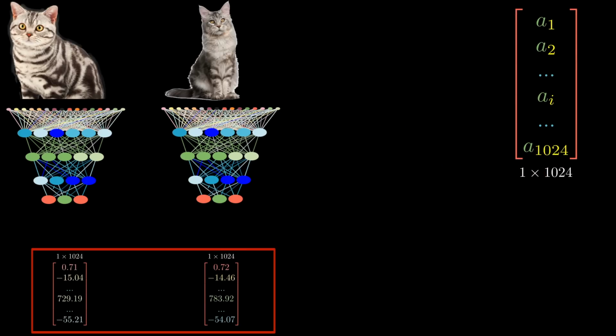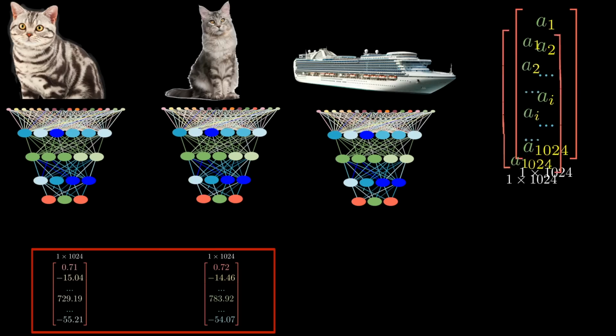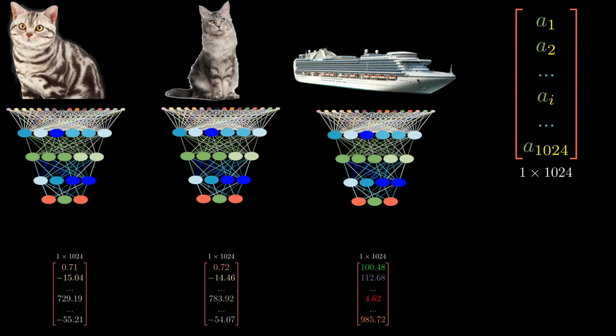These vectors will not be the same, but if the network is working, they should be more similar than the vector generated when we send in a picture of a ship. The problem though here, and it's a huge problem, is that these vectors are big. Our input layer of our MLP classifiers in this example is made up of 1024 neurons. So we're dealing in a vector space of 1024 dimensions.